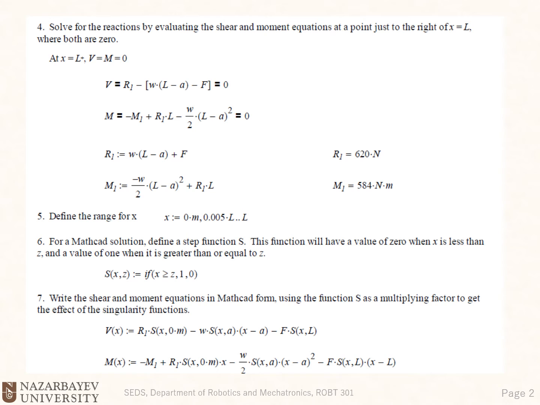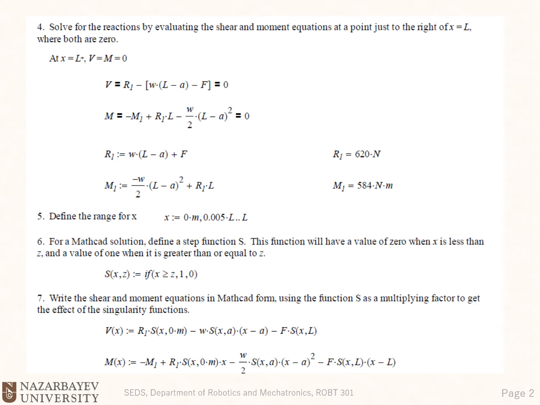And the simplest boundary condition is that at x = L plus, both the shear and the moment will be 0. Why is that? Because if you select a small or infinitesimal element at the end of the beam, there is nothing that could hold that infinitesimal element, so the shear and the moment will be 0.